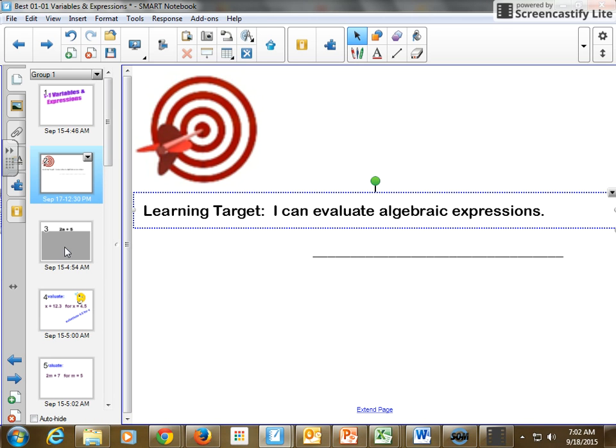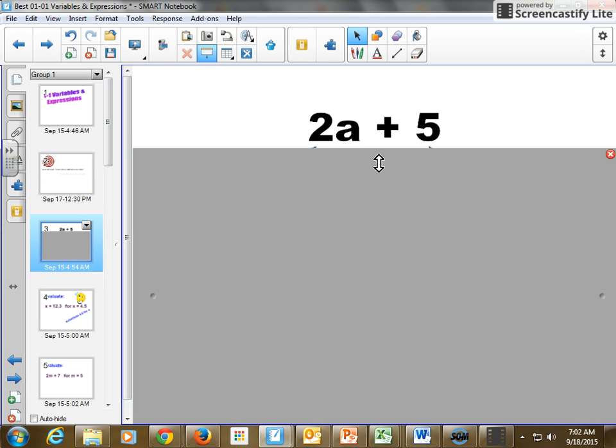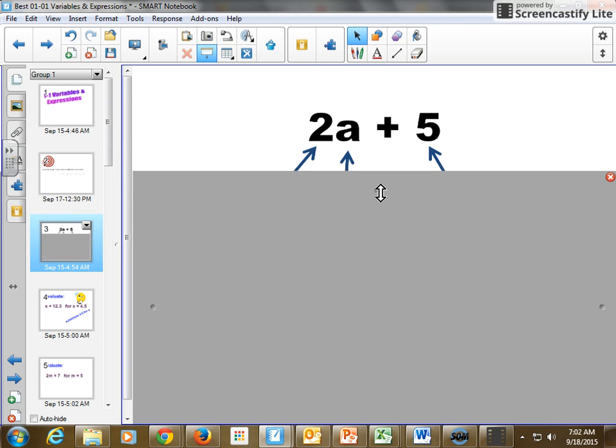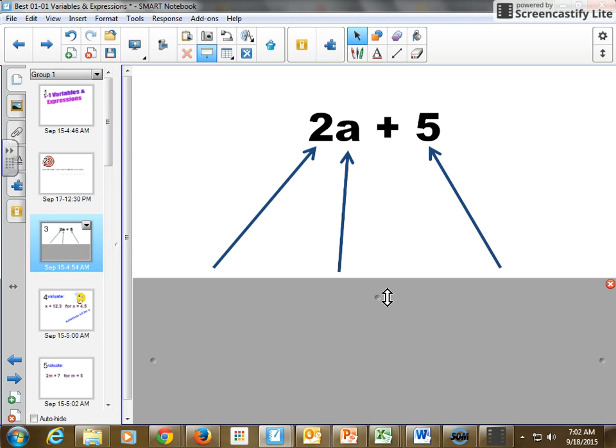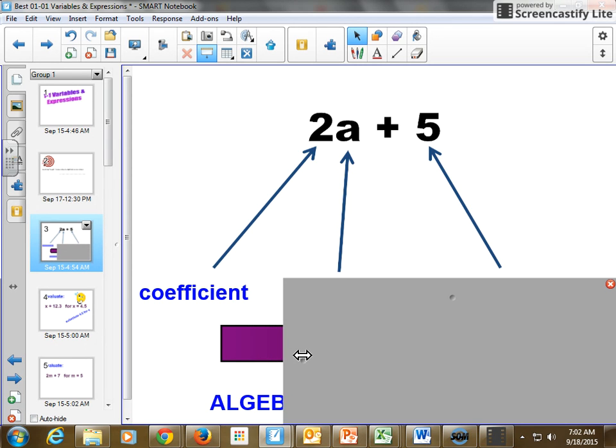Alrighty? So here's your first example. We need to identify some things, and then we'll start evaluating. Take a look at the screen. It says 2a plus 5. Each of these components has a special name, and we'll start with the 2. 2 is a number that appears in front of this variable a.